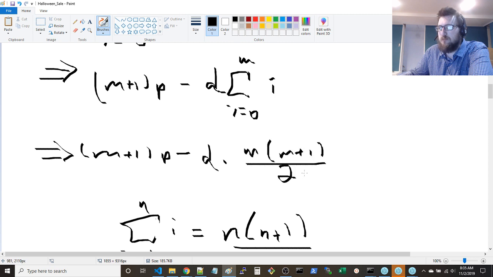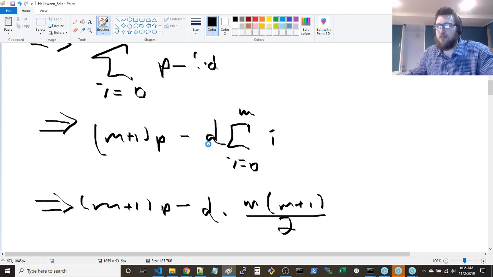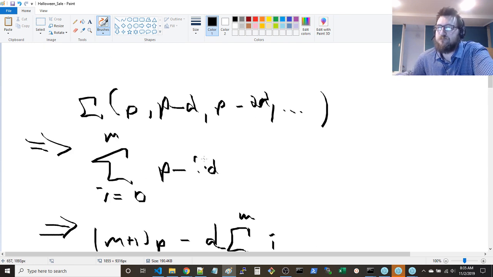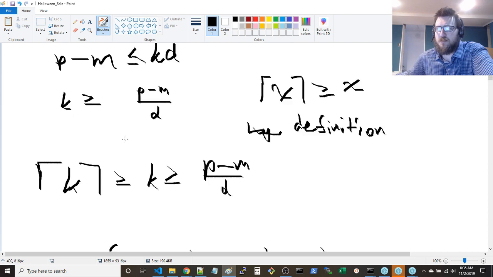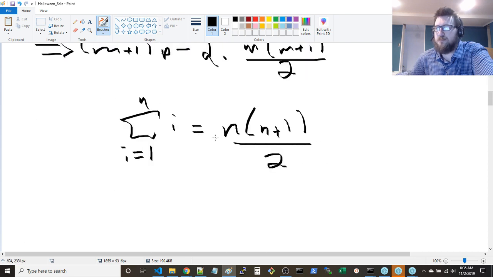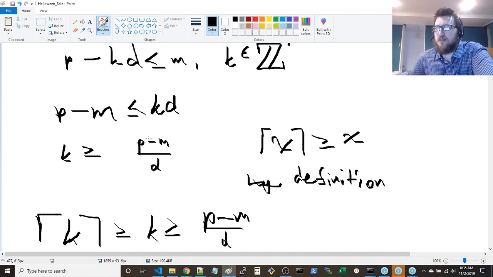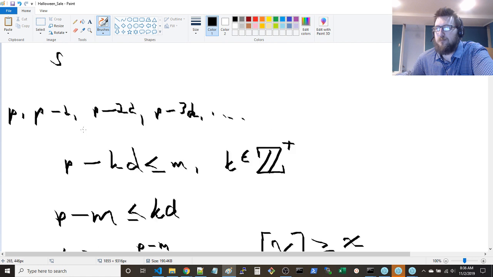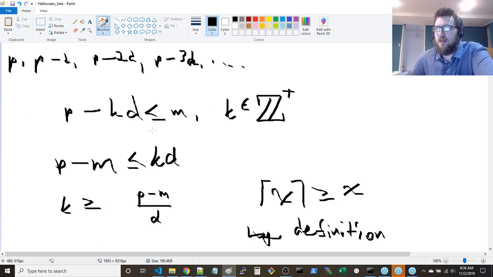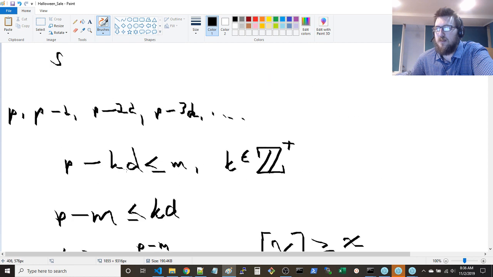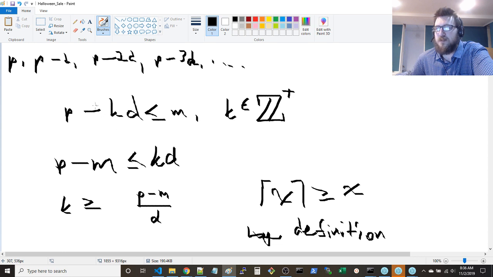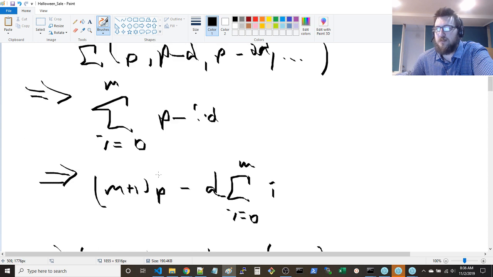Now we have a constant time algorithm, given some m, to compute exactly how much it's going to cost us up to this point of m. Now, if p minus kd is less than or equal to m, it's not going to be p minus kd for that particular case.